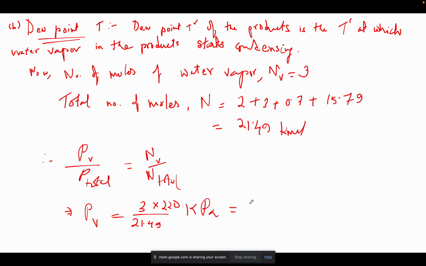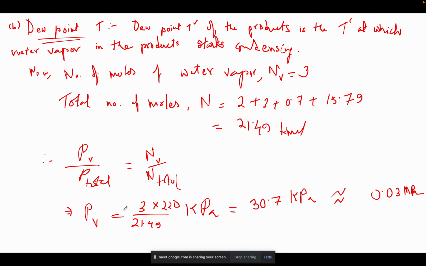So this is 30.7 kilopascal, which is approximately 0.03 megapascal.